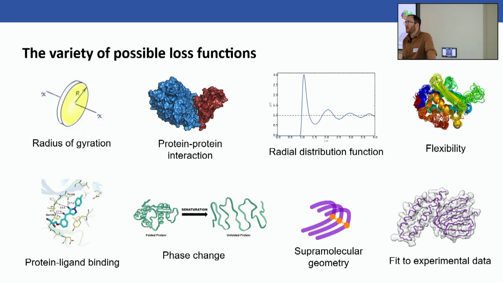So radius of gyration, which is how extended your molecule is. You could look at interactions of different components. You could look at radial distribution functions, flexibility, et cetera, and in the last one, we're seeing an explosion of cryo-electron microscopy data, and you can fit to experimental data as well.